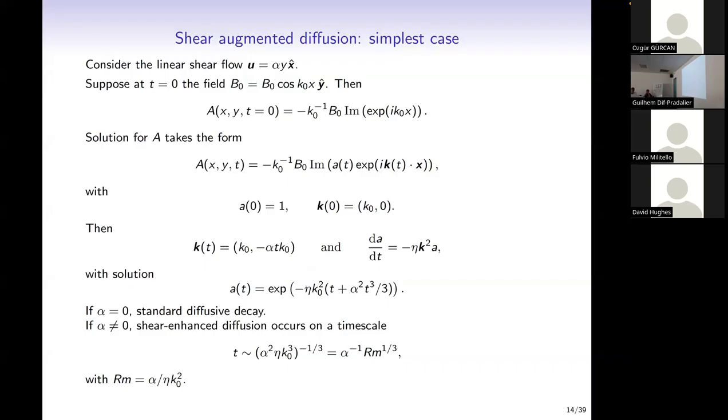So if there were no flow, if alpha were naught, alpha is the shear flow, of course, it's a purely diffusive decay. But in the shear flow at large times, this is what matters, this term. It's alpha squared t squared. Alpha squared t cubed. Sorry. So it's an enhanced diffusion. Okay. Not going on an ohmic time scale, it's going on a shorter time scale, which is Rm to the third.